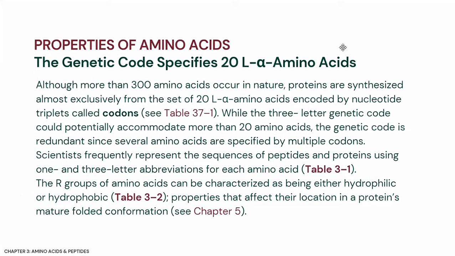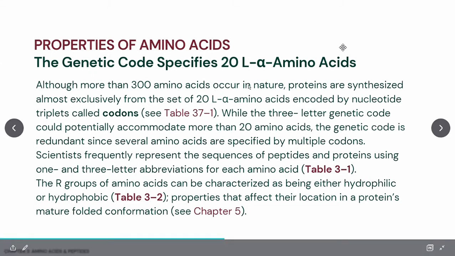Okay. All right, we will be doing a lot of this when we go into your DNA and RNA or nucleic acids. Okay. So for the moment, it says there are only 20 amino acids.